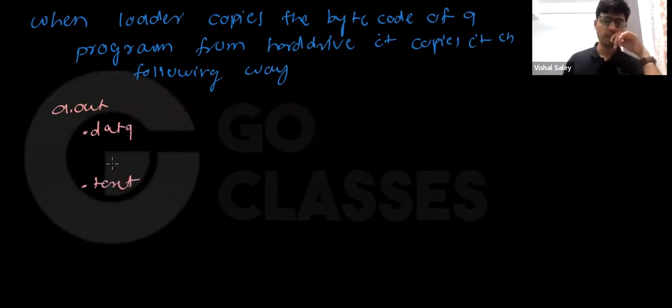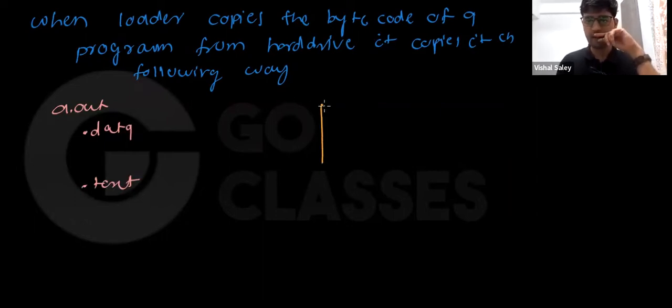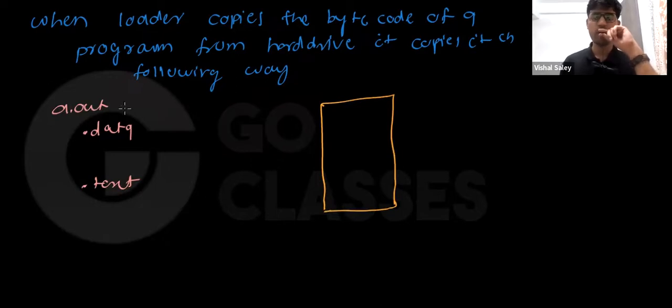Whenever we ask the operating system to run some program, it assigns some memory in your RAM where it can copy the program. So the loader has to copy this particular file from the hard drive to RAM. There is some region in the RAM where the program should go, and it generally copies it in something like this.